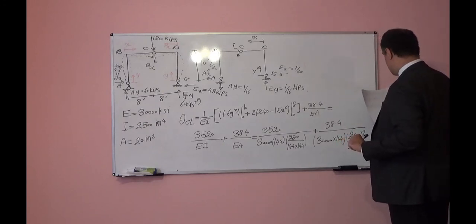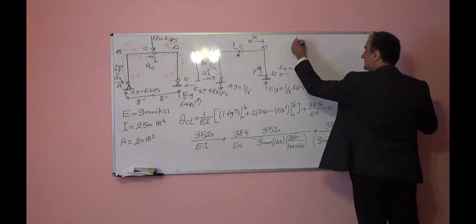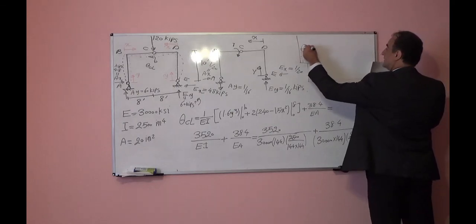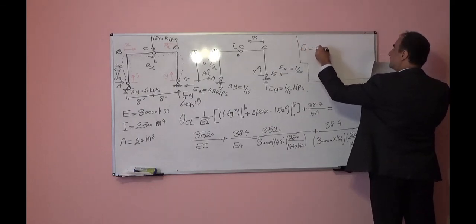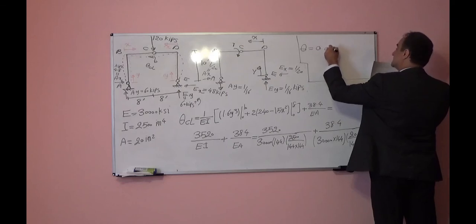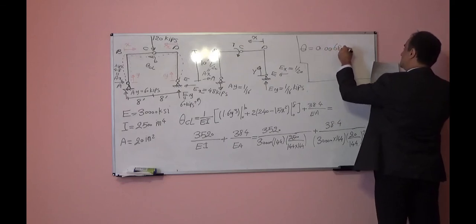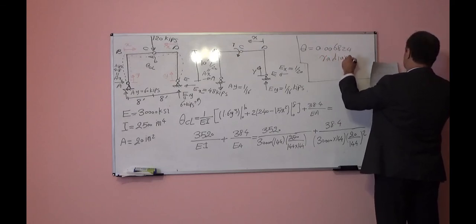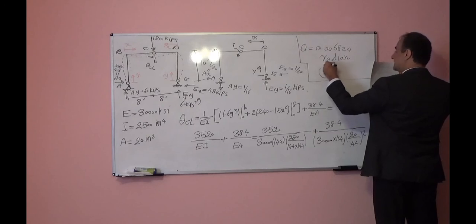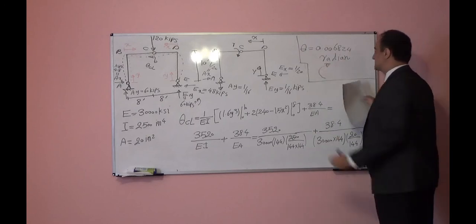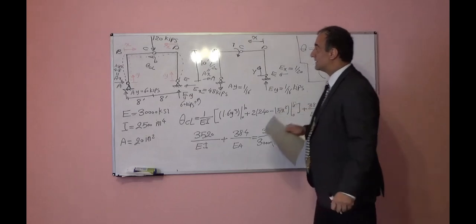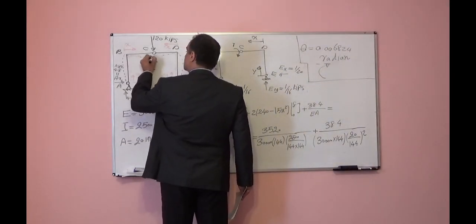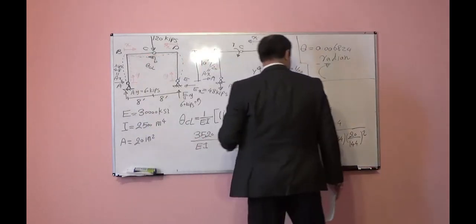So, the final answer, theta will be equal to 0.06824 radians, and it will be clockwise. Clockwise, usually we show it negative, and it is clear this slope should be clockwise. You see the deformation.